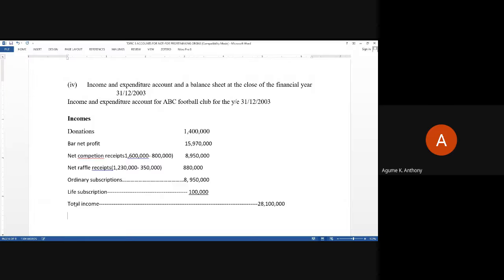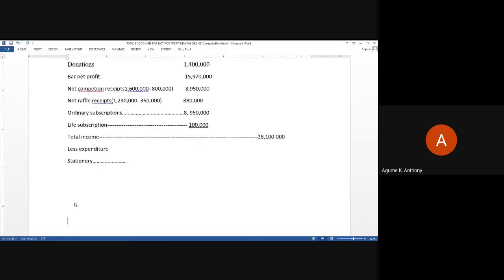So it is on this that you're going to less expenditure. And the expenditure, you have stationery. And stationery is given as 200,000.